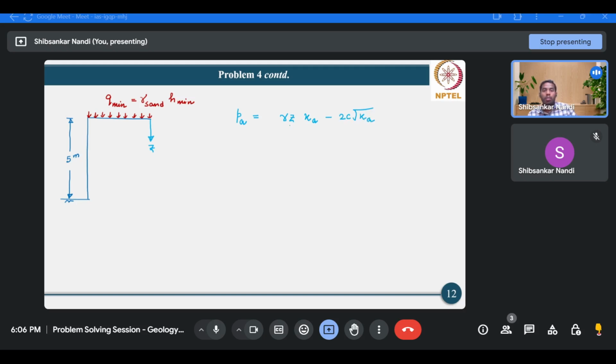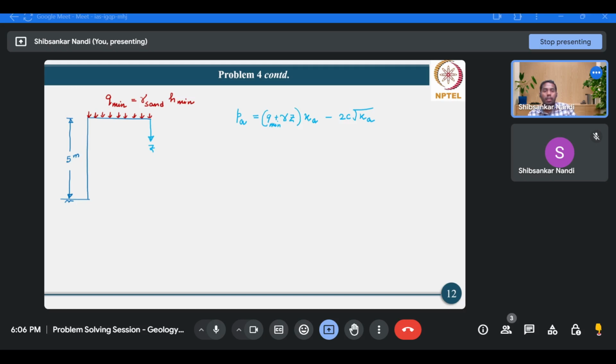This expression is valid only when there is no externally applied surcharge on top of the backfill. However, this is not the case for this problem. There is an additional surcharge acting on top of the backfill. Therefore, this equation would be slightly modified, and this will be Q minimum plus gamma Z Ka minus 2C root Ka.